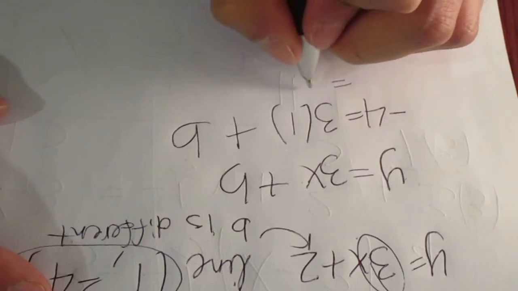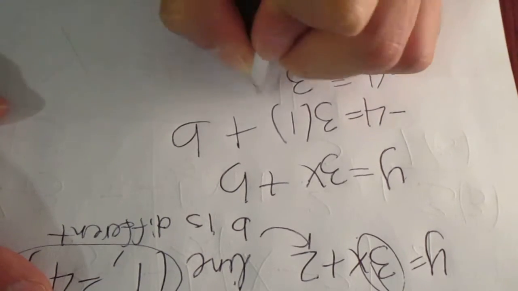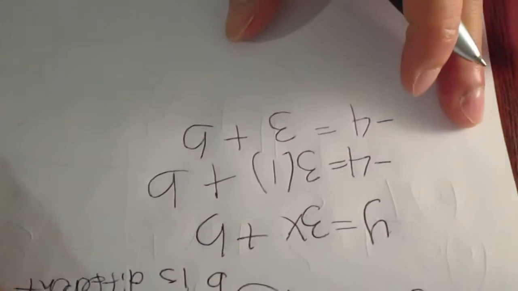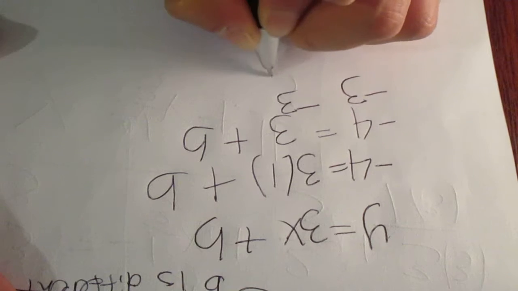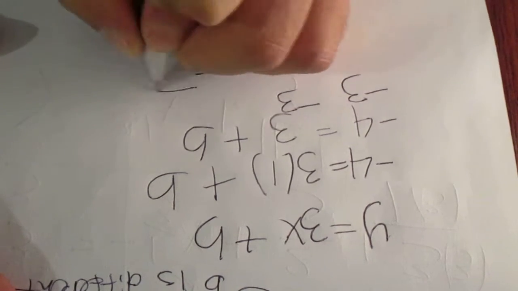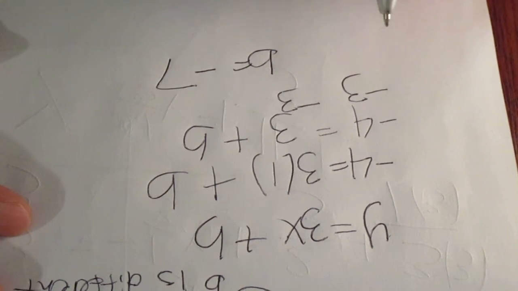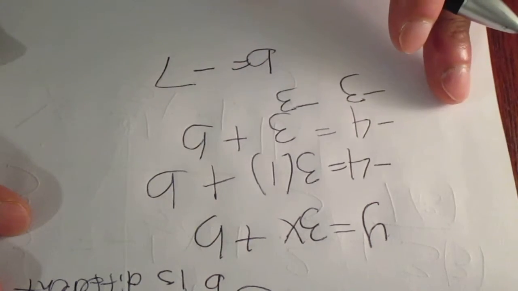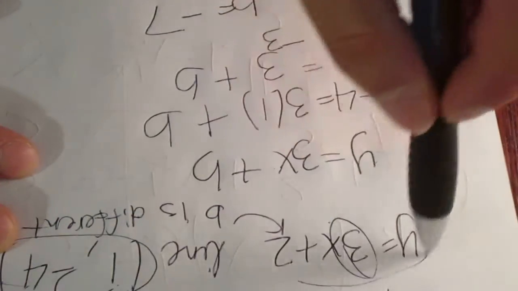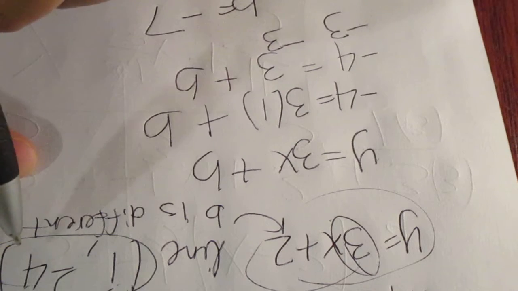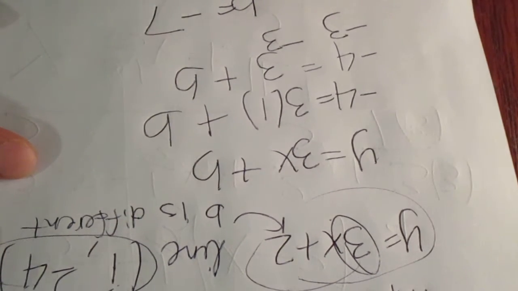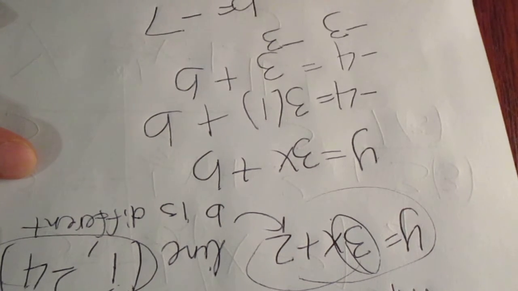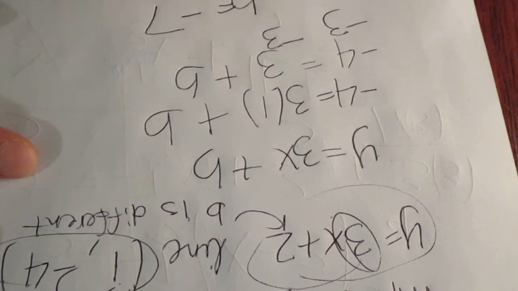So keep solving. So that's 3 minus 4 plus b, and subtract 3 from both sides. So b equals negative 7. So the linear equation that is parallel to 3x plus 2, and that goes through 1, negative 4, is y equals 3x minus 7.